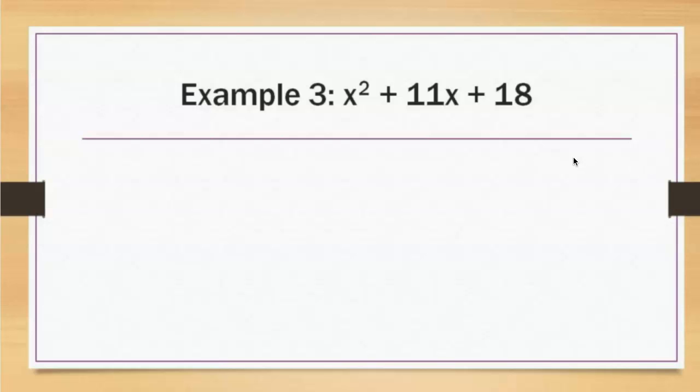Okay, and number 3, I have 18 and 11. So I need 2 numbers that multiply to 18 and add to 11. So that's 9 and 2.